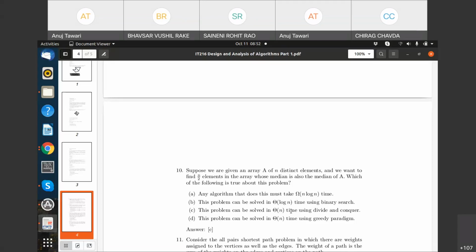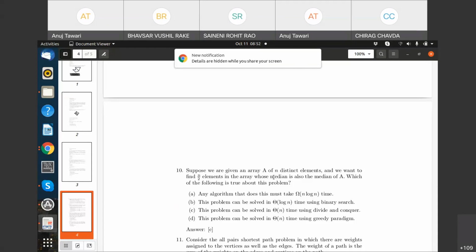Because the middle one will be there, but on the left and right side we can have more than one solution. Sure, but in this case it will not work because we are already given n by 2 elements. Yes, you can give more than one output to this. That's completely fine, but what procedure you are using is more important.